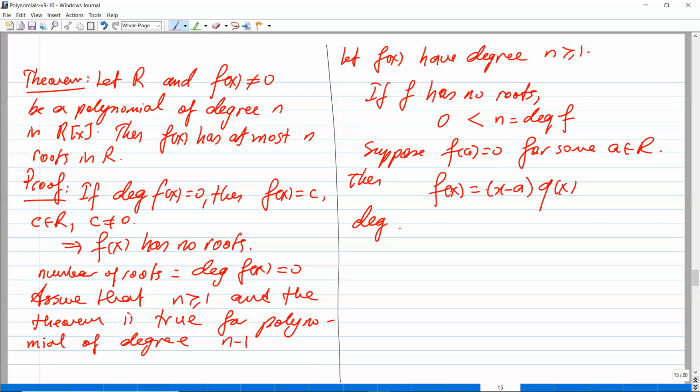In this case, since we are in an integral domain, the degree of q of x is n minus 1.